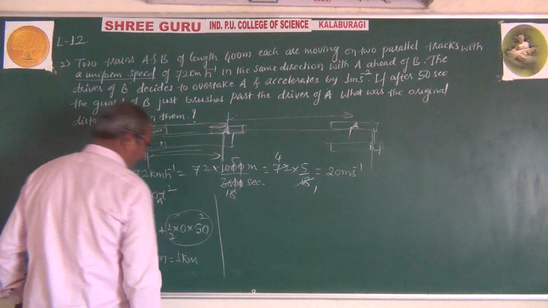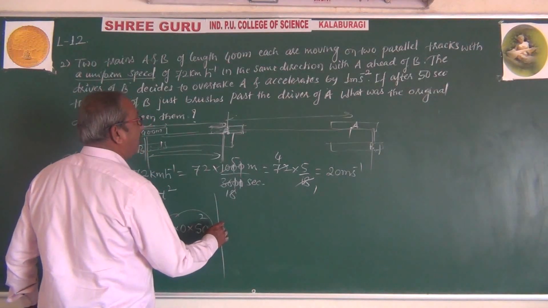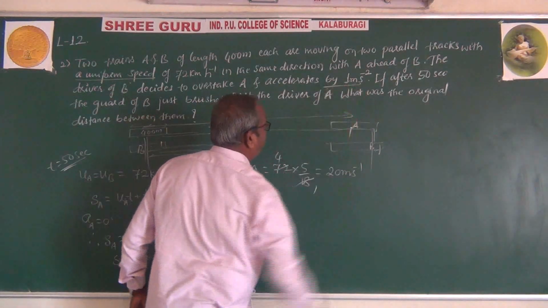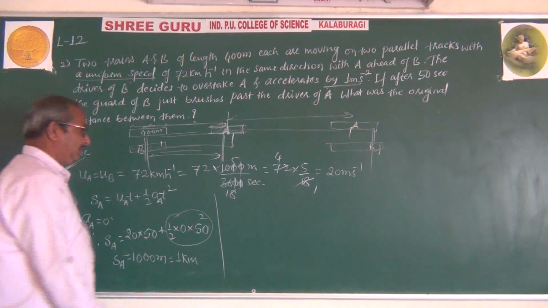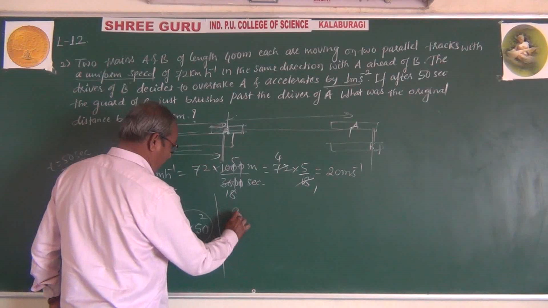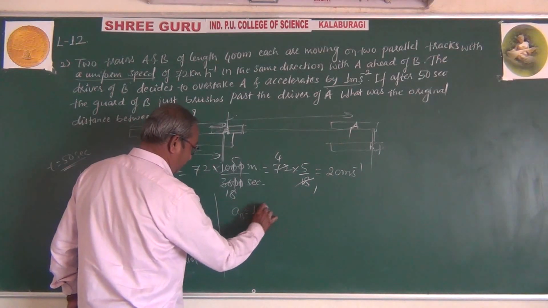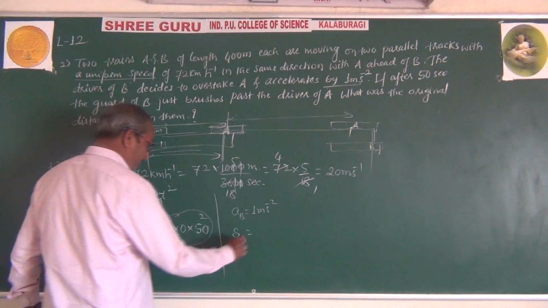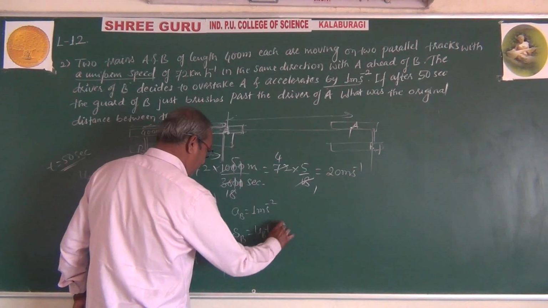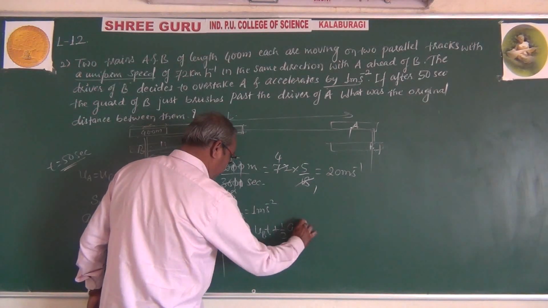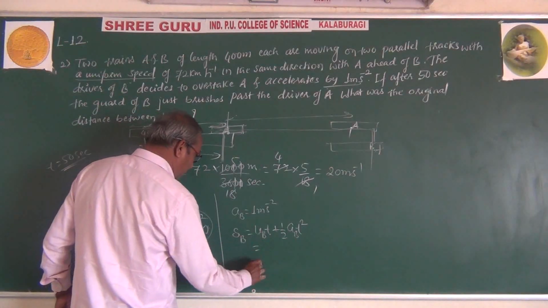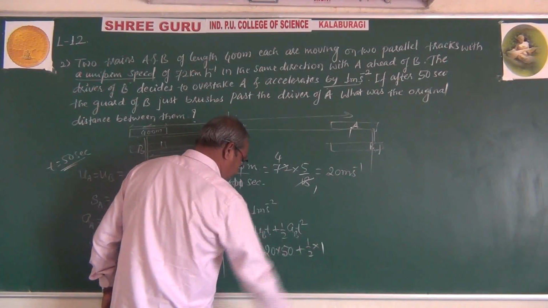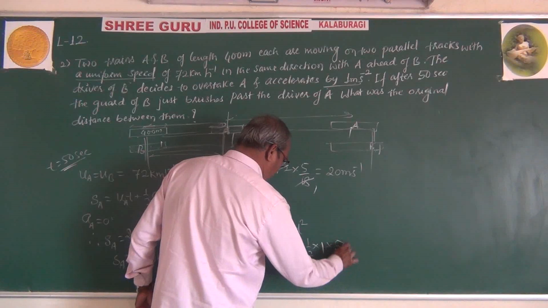Now let us see the distance covered by train B, which is moving with some acceleration, that is A of B equal to 1 meter per second square. The distance covered by train B is U of B into T plus 1 by 2 A of B into T square, equal to 20 into 50 plus 1 by 2 into 1 into 50 square.